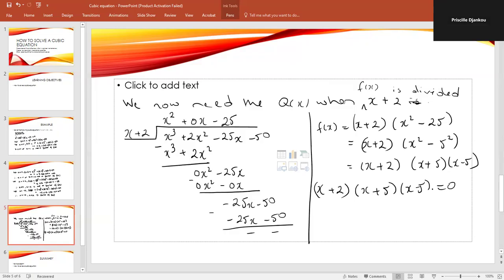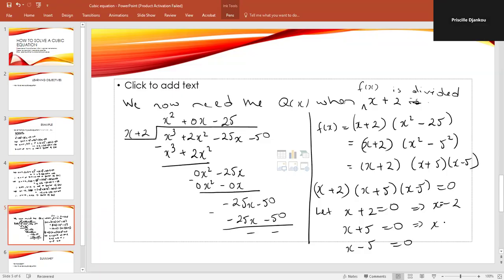equals to 0. Therefore, either each of these terms in the bracket equals to 0. So we now let our x plus 2 equals to 0, our x plus 5 equals to 0, and our x minus 5 equals to 0. Therefore, we're going to have x equals minus 2 as one solution to our equation.